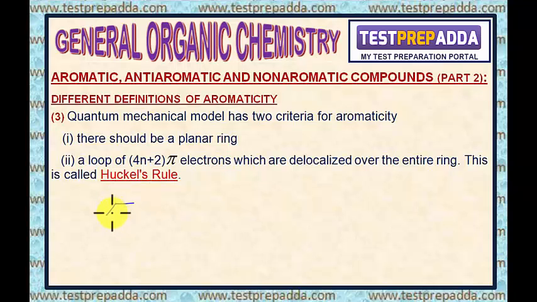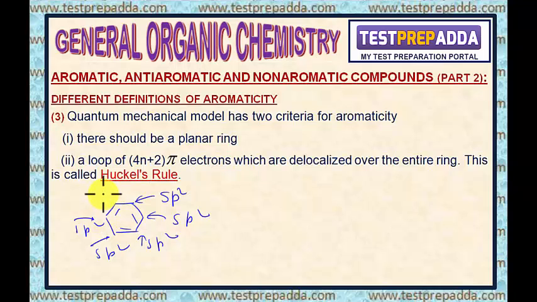If I take the benzene ring, in benzene ring, each carbon atom is sp2 hybridized, means triangular planar. So whole ring is actually a planar ring.